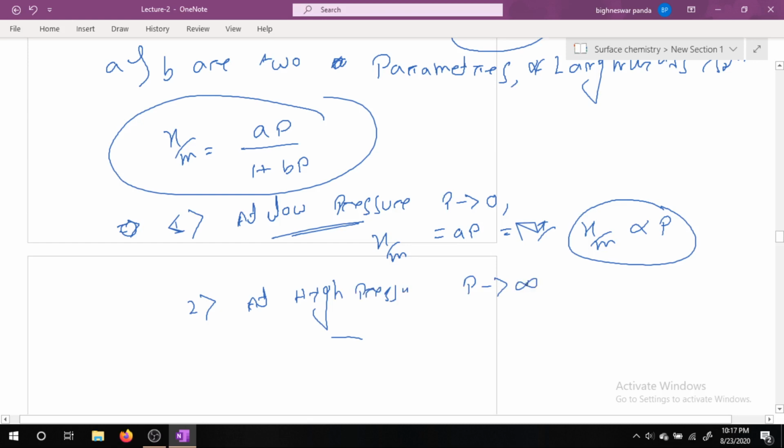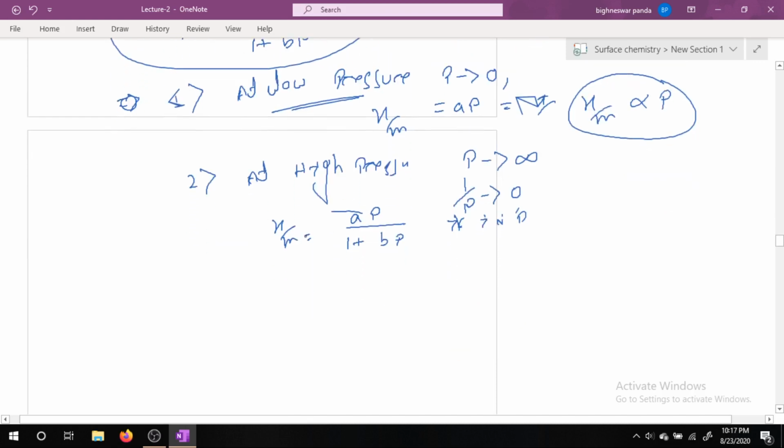At high pressure, P tends to infinite. If P tends to infinite, then 1 by P tends to 0. So in the equation x by m is equal to aP by 1 plus bP, if I divide by P on both sides, then x by m is equal to a by 1 by P plus b. So 1 by P tends to 0, and x by m is equal to a by b.